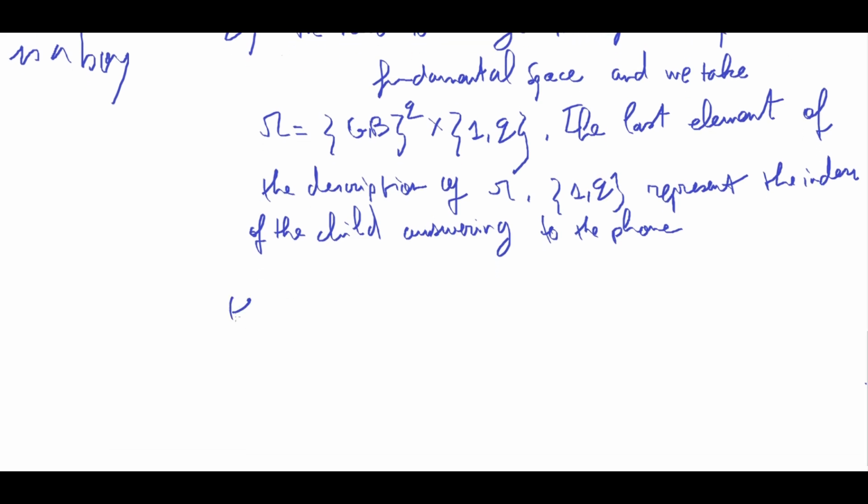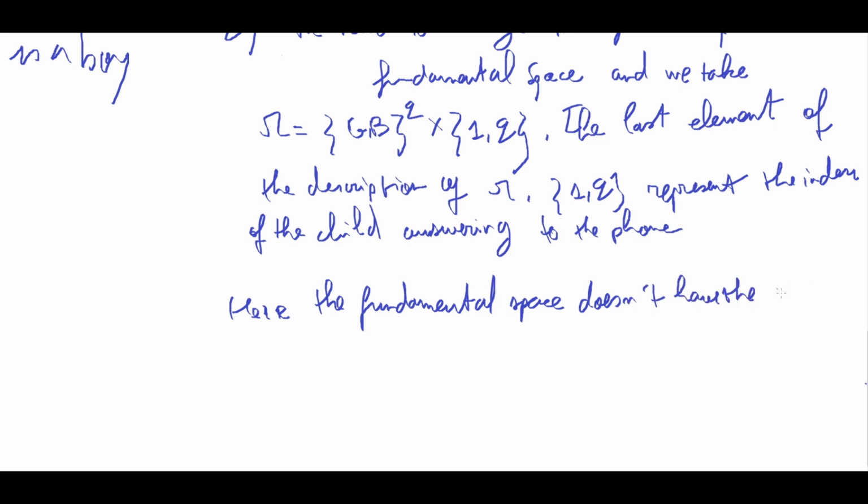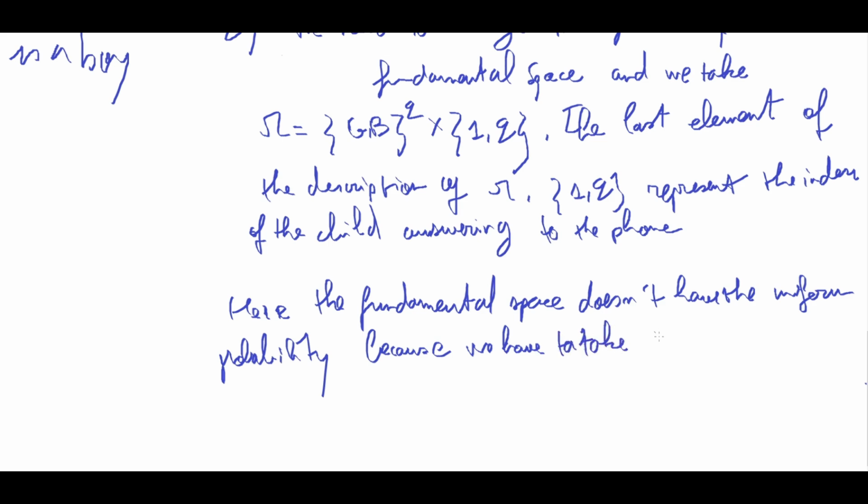Here the fundamental space doesn't have the uniform probability, because we also have to take into account the probability P of a child answering the phone.